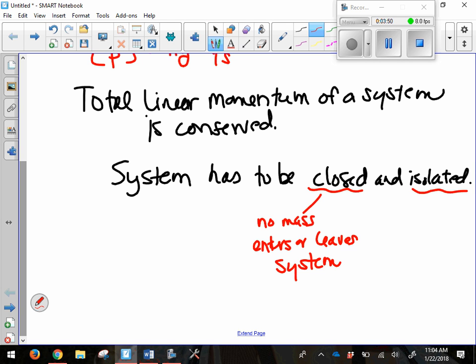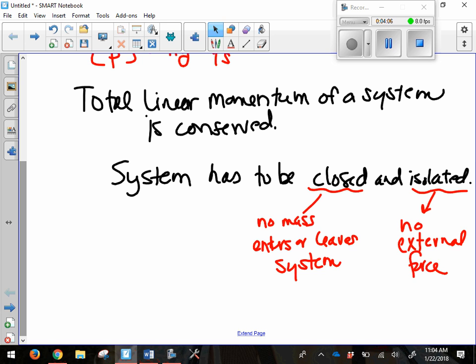And isolated, anybody have an idea what isolated is going to mean? Yeah, no external force. Good.